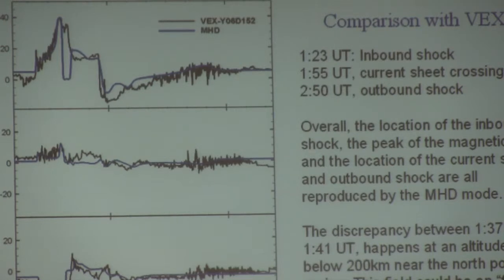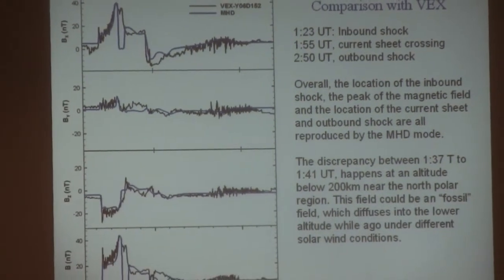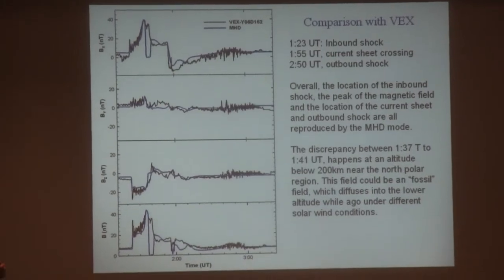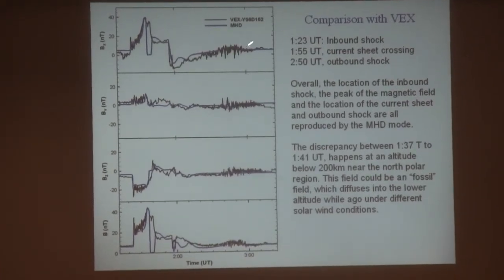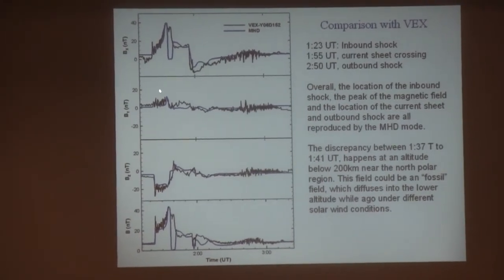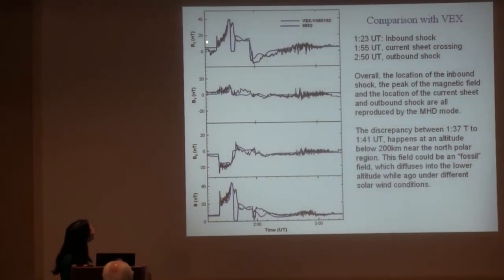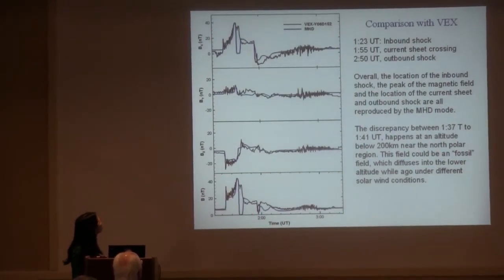We also compared our simulation with Venus Express observation. This is a case that we selected, 2006, day 152. Here I'm showing the magnetic field comparison. The black line is from the data, and the blue line is the MHD model.